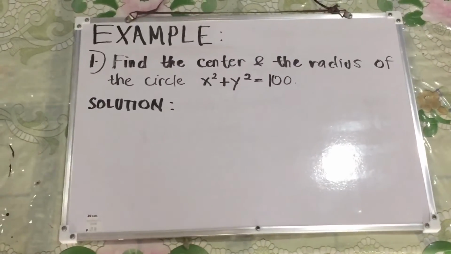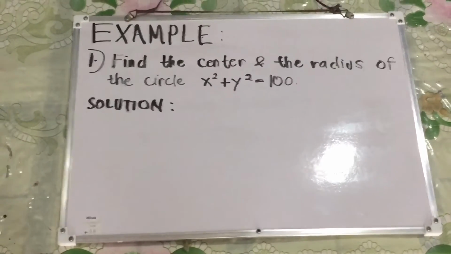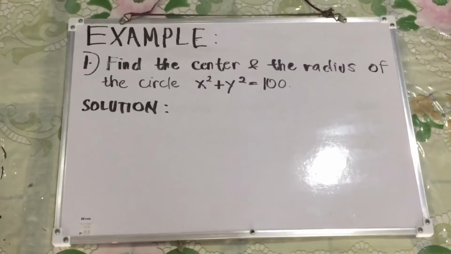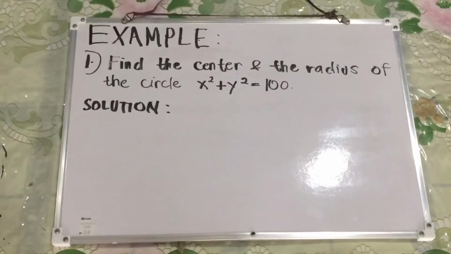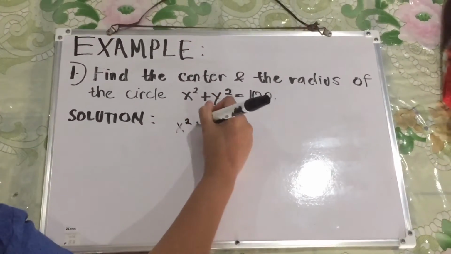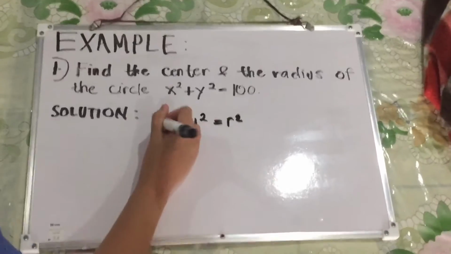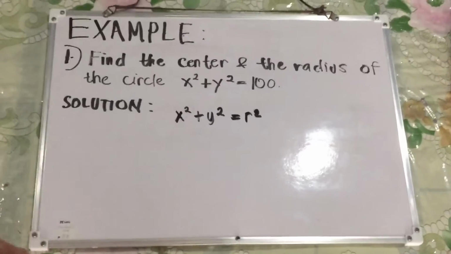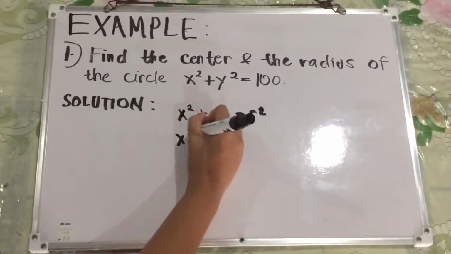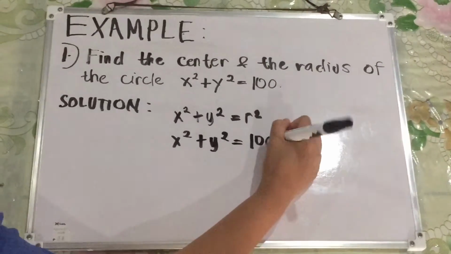So let's have example number 1. Find the center and the radius of the circle x² + y² = 100. So the solution is x² + y² = r². From the given, x² + y² = 100.